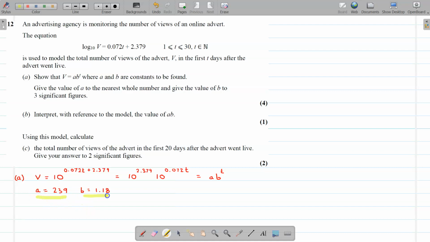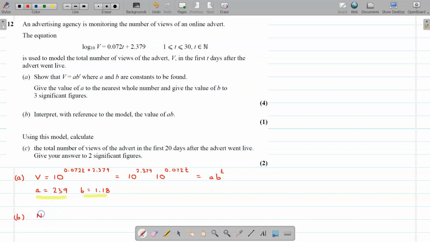Then we go on to part B, which is about interpreting what the value of AB is. Well, AB is equal to AB to the power of 1, and the power is the number of days after it goes live. So this AB represents the number of views 1 day after going live.